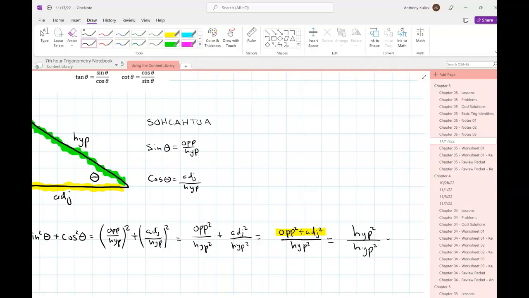And what's that going to simplify down to then? Hypotenuse squared divided by hypotenuse squared. 5 divided by 5? It's just 1, right? Hypotenuse squared divided by hypotenuse squared? It's just 1.